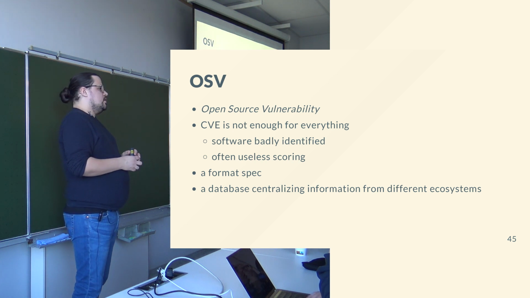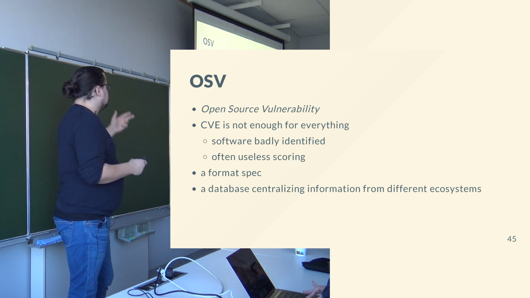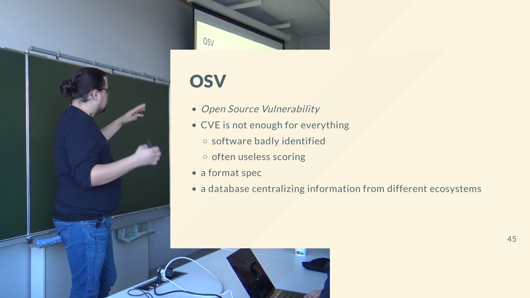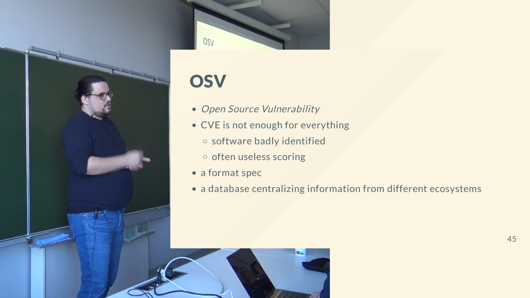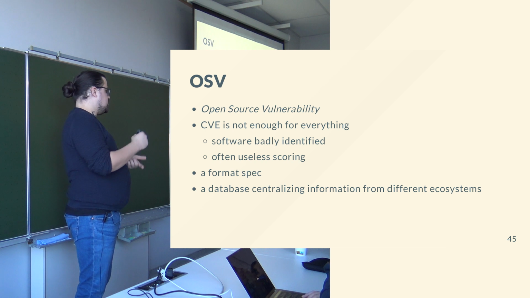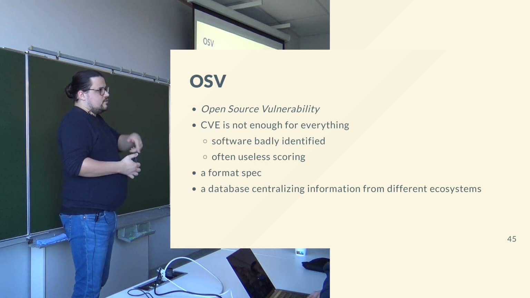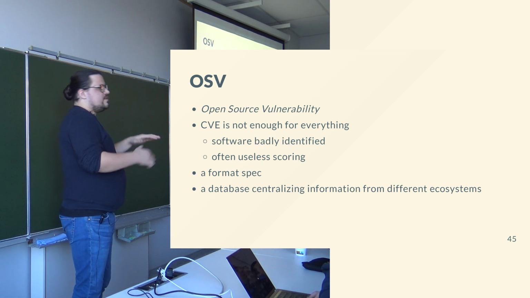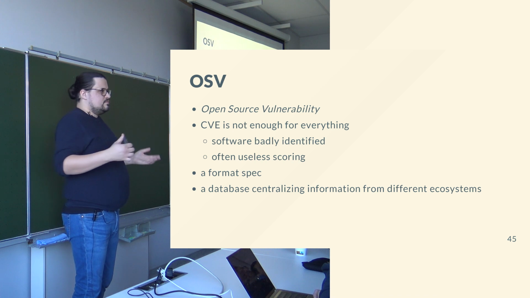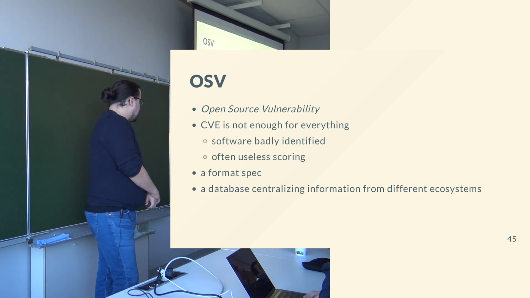So keeping track of npm, Maven, and Go dependencies vulnerabilities, because CVEs were really not good at this for two reasons. Because it's hard to identify if we are talking about a Go library or an npm library with the same name, and if they have matching versions, then CVEs become basically hell.